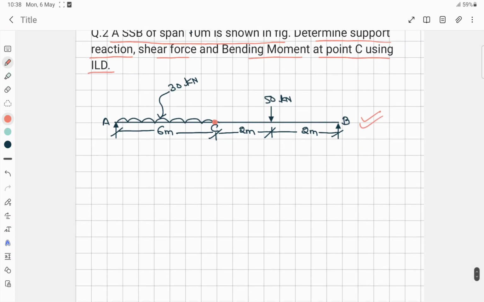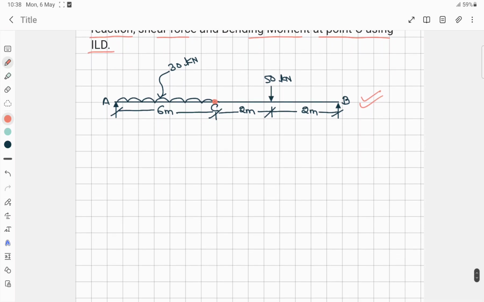Now in my previous video I have already mentioned how to draw the IL for RA and IL for RB. IL is nothing but the influence line, so I'll directly draw here. And if you want, you can go and check my previous videos so that you'll be clear about how to draw the influence line diagram for RA and influence line diagram for RB.